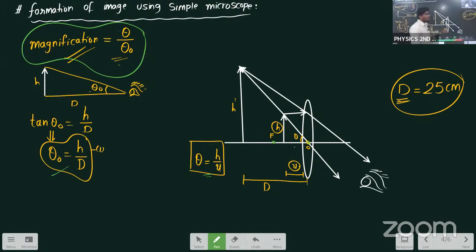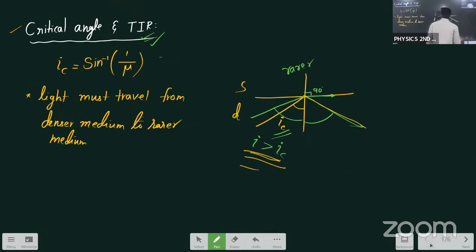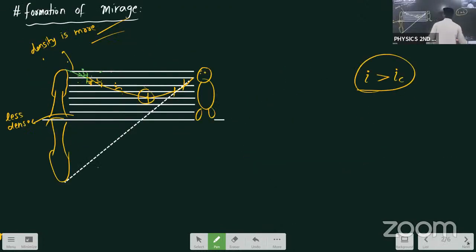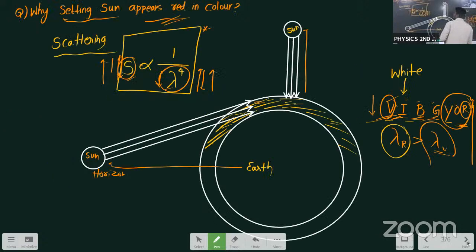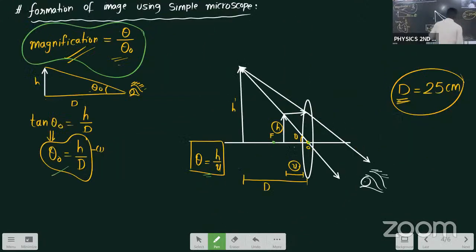If I go on discussing the optical instrument, it will be a very large topic, but I have just tried to explain it from the point of view of your annual examination. So see here, what are the things that we have discussed today? We have discussed formation of mirage. Next, we have discussed why the sun appears red in color during sunrise or sunset. And the next topic we have discussed is formation of image in case of a simple microscope.